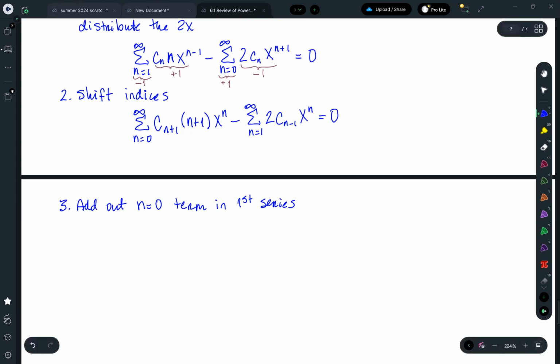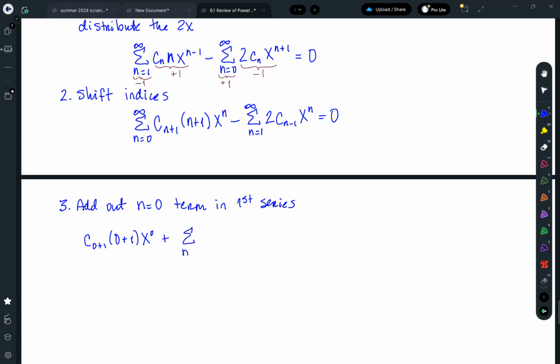So the n equals 0 term will be c sub 0 plus 1 times 0 plus 1 times x to the 0. Plus, now the counter can start at 1 and go to infinity. C sub n plus 1 times n plus 1, x to the n, minus the sum, n equals 1 to infinity of 2 c sub n minus 1, x to the n equals 0.